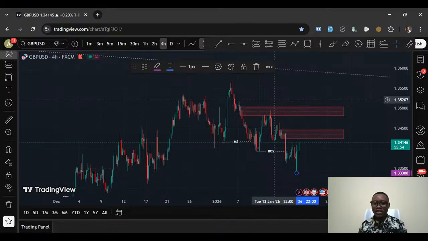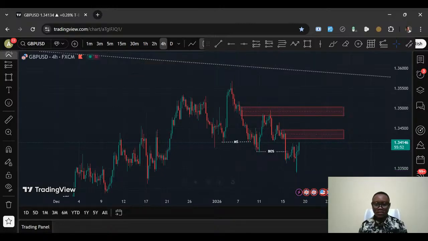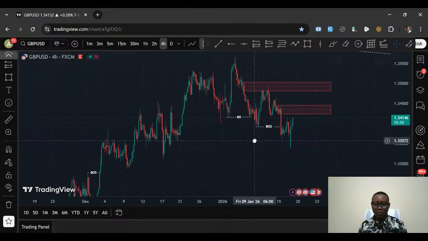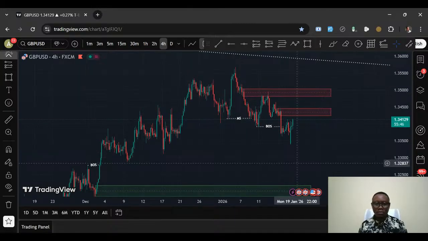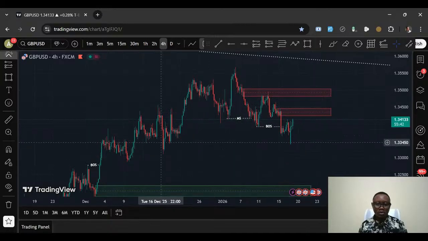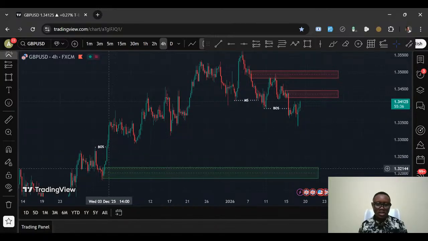But let's continue refining the zone to further identify. There is no order block here; the order block that we have has been mitigated. The only one that is still fresh, unmitigated, is this one here, and price hasn't tapped into it just yet.